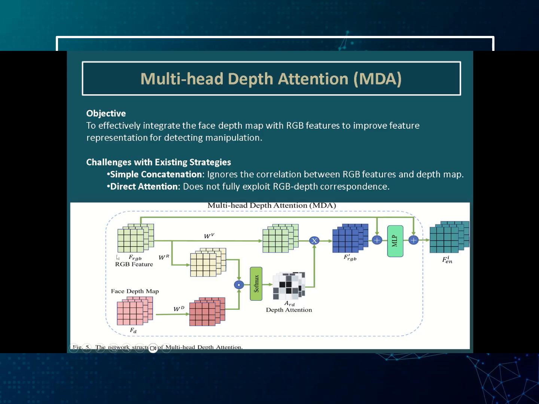And after that, they are mixing or fusing with the original RGB using these weights. These are also trainable weights, and here they are mixing. Here is the enhanced F dash RGB feature map. After that, they add the original RGB and the enhanced RGB feature maps, and pass them to the MLP, multi-layer perceptron, just to add non-linearity, or to learn more non-linear attributes from the RGB data.